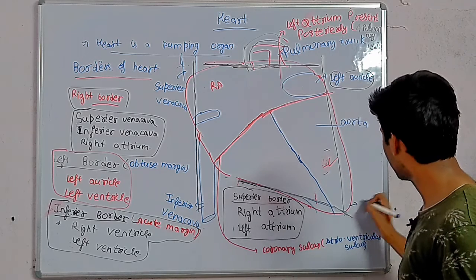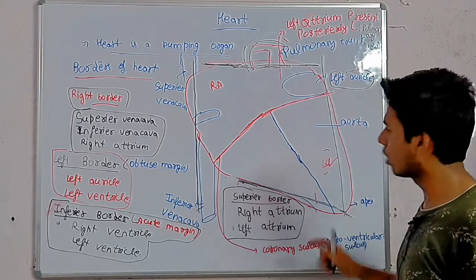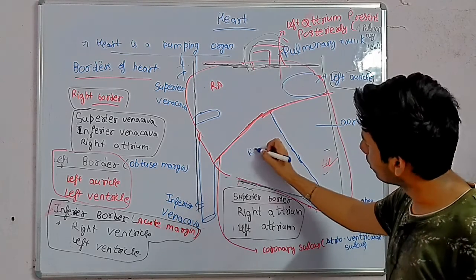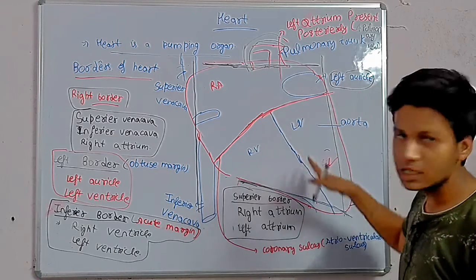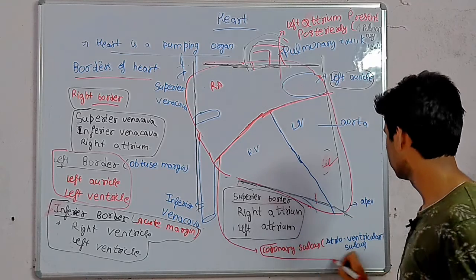This is apex of heart, not exactly at apex, just middle, near to apex. This is right ventricle, left ventricle. It separates two ventricles, so it is called interventricular sulcus.